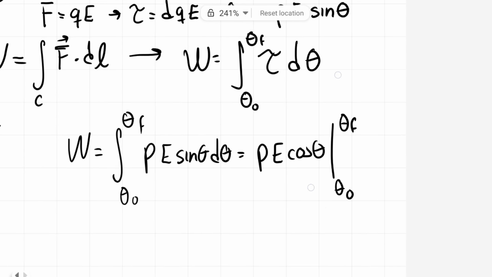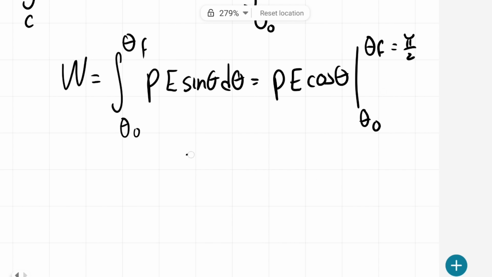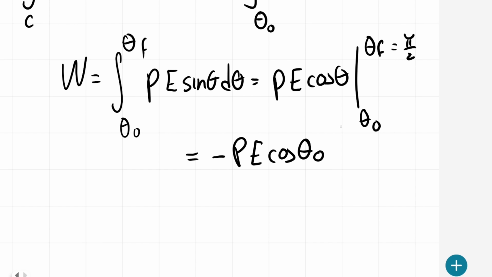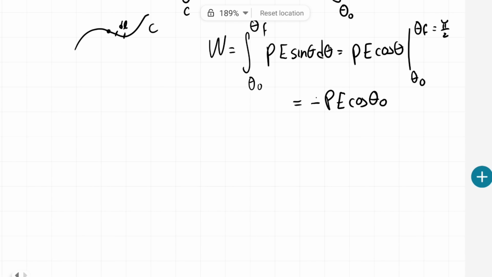So this final angle is pi divided by 2, and this leads us to minus P E cosine of theta 0. So due to the fundamental theorem of calculus, we get this minus sign, remember. So we can say that the work is equal to minus P E cosine of theta 0.